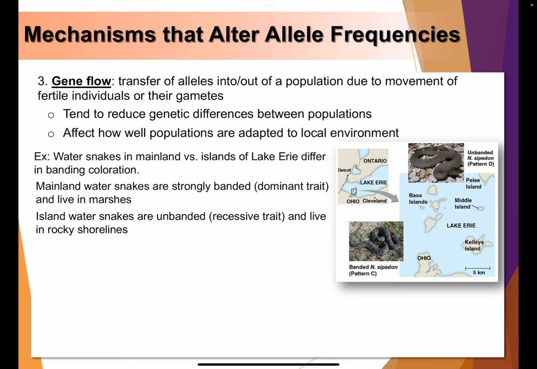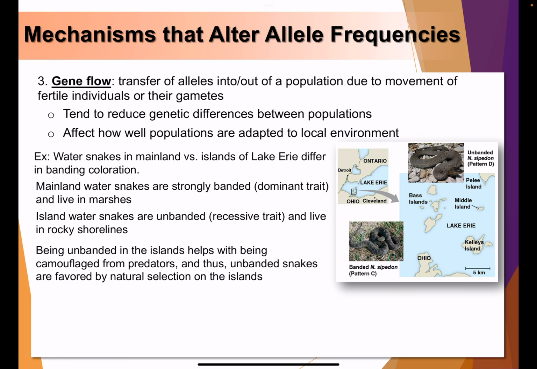Whereas the island water snakes are unbanded, which is a recessive trait, and they tend to live in rocky shorelines. Being unbanded on the islands helps with camouflage from predators in those rocky shorelines. That's why they can live there, and thus unbanded snakes are favored by natural selection on the islands.